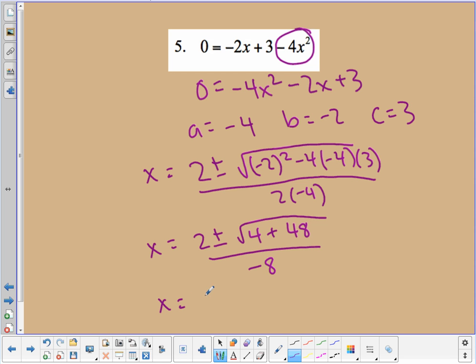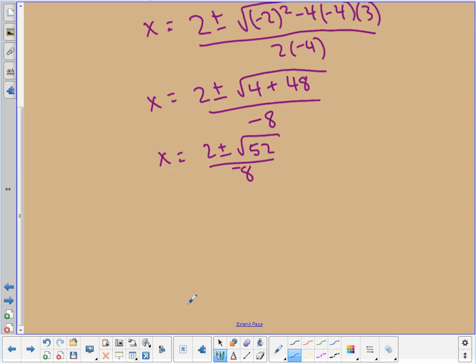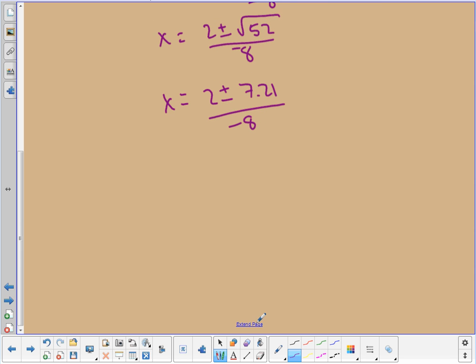When I type that into my calculator, square root of 52, I end up with approximately 2 plus or minus 7.21 over negative 8.